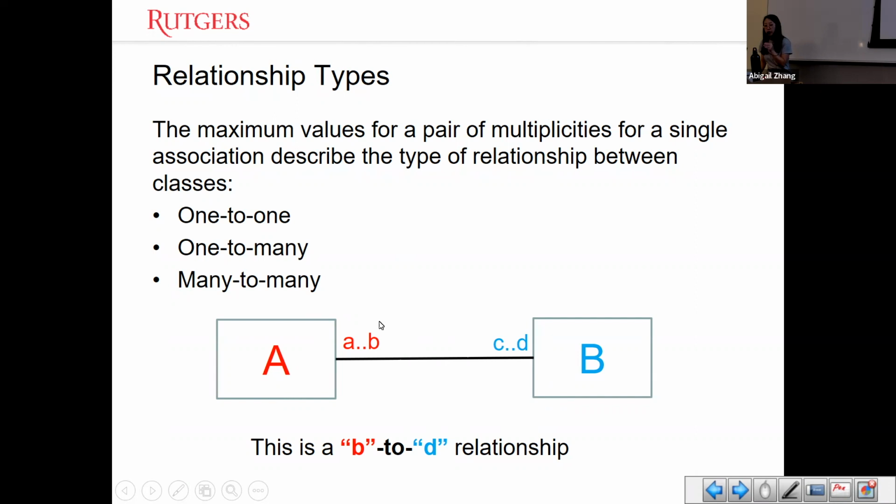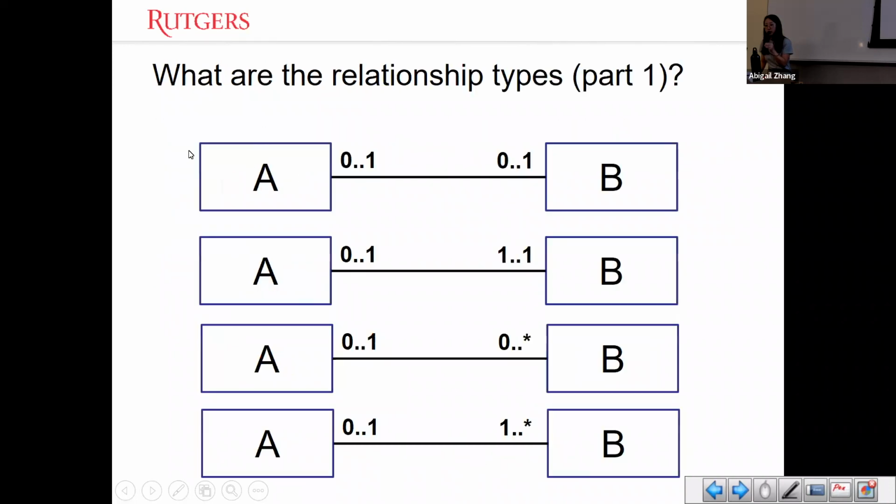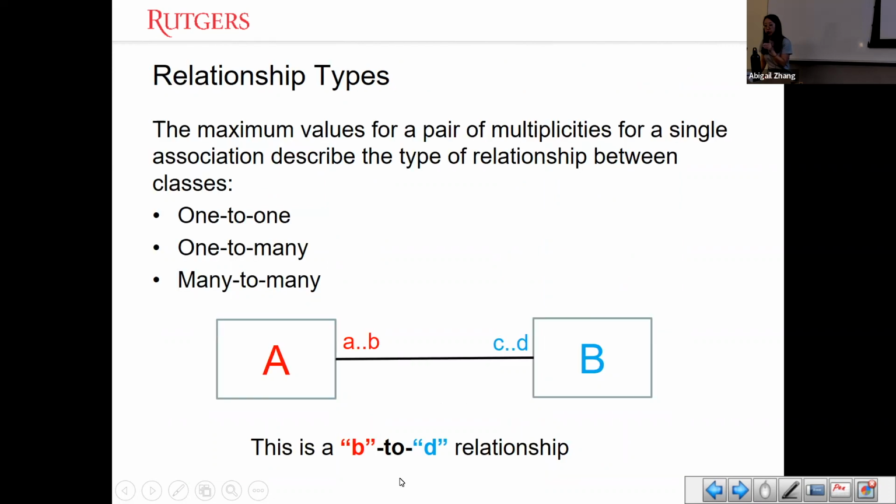So we would say this is a b to d relationship. Let me give you an example, right? When we look at the first, this A to B, we will look at this maximum value 1 and the maximum value 1 next to B. So this would be a one-to-one relationship, right? So you can just directly apply this little rule here.